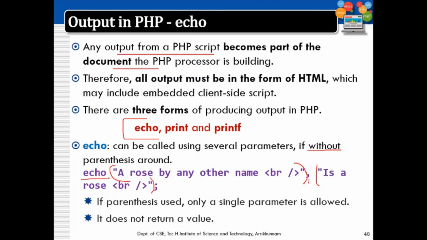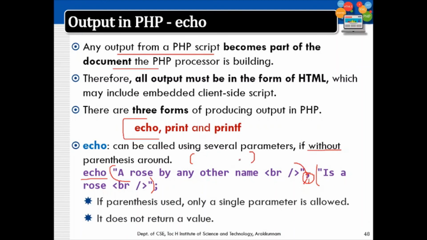Just write echo, give a space, write the parameters within double quotes if you want to interpolate any value given in between, or single quotes can also be used. We have seen that example. What is the difference between double quotes and single quotes? Then in comma separated format you can give any number of parameters to echo. If instead I use parentheses, only a single parameter can be given.